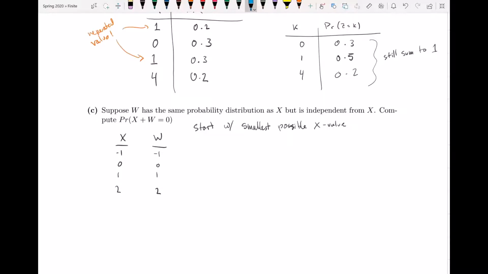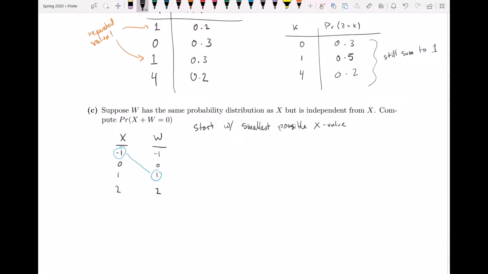That corresponds to -1, because if x is -1, then we can take w equals 1, and we get a sum of 0. So that's one way that their sum can be 0.